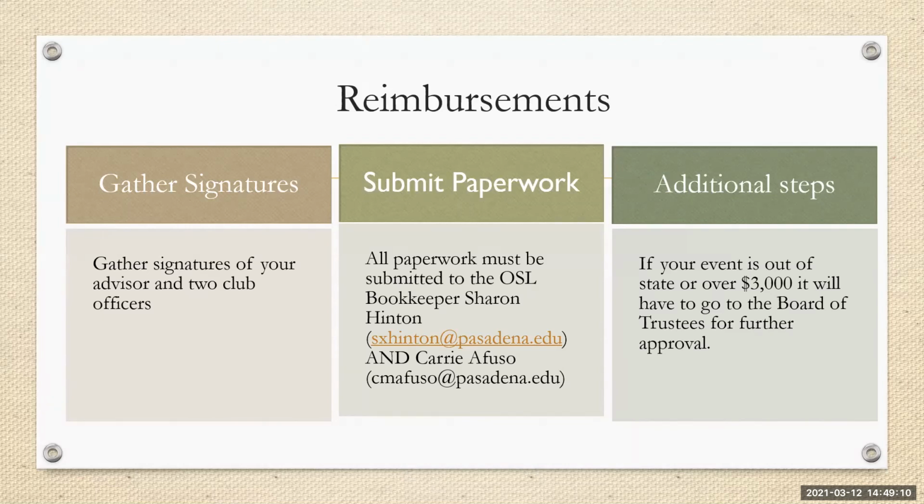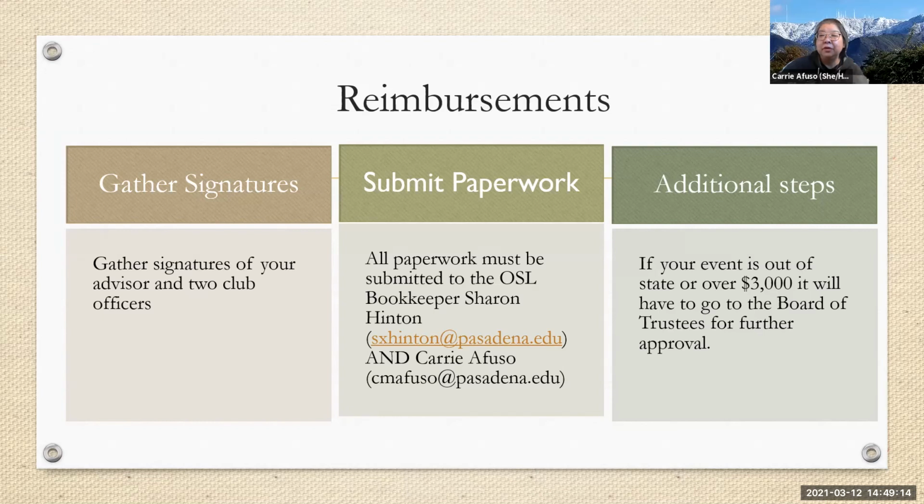So what does that mean? If you're doing this, you follow the same steps: you vote, you complete the contracts, you fill out a requisition form, and then you go gather your signatures. And you're going to send all your paperwork to Sharon.